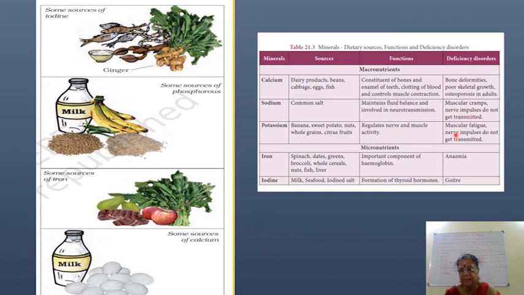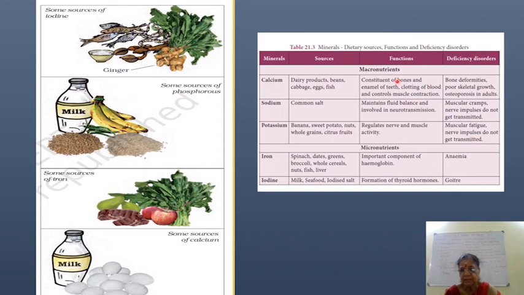Potassium வந்து again muscular fatigue, nerve impulses do not get transmitted. இது ரெண்டும் ஈக்குவலா இருக்கணும். Ions ரெண்டும் ஈக்குவலா இருந்தாதான் proper walking and conduction of any activity would be carried out.